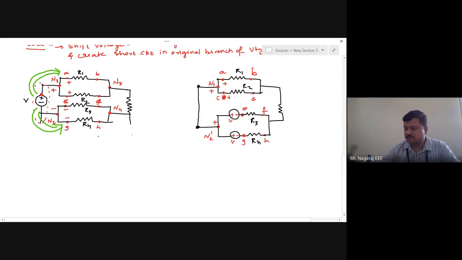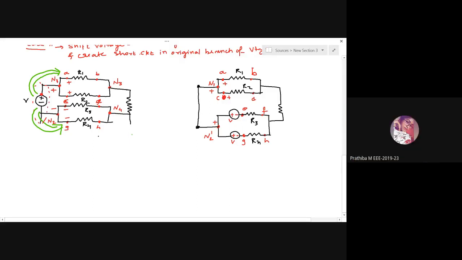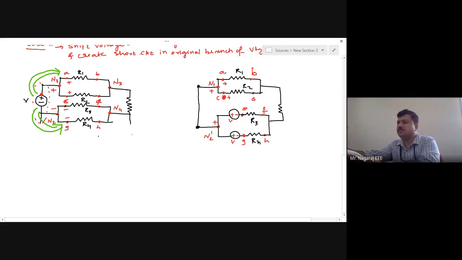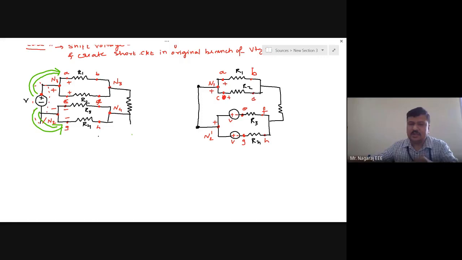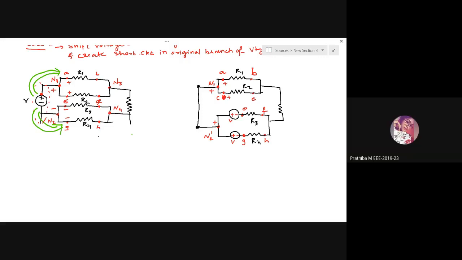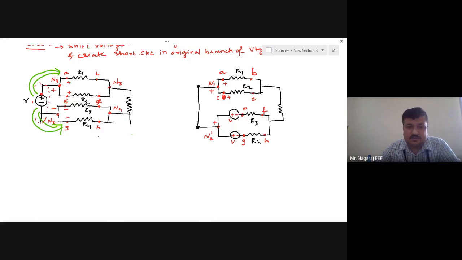Any doubts so far? Excuse me, sir. Yes, tell. So what is the need of doing this, because there's no change in the circuit now, sir? The need of doing this source shifting is to get the equivalent circuit. Now, if I want to represent this entire circuit as a single source circuit with equivalent values of resistance.